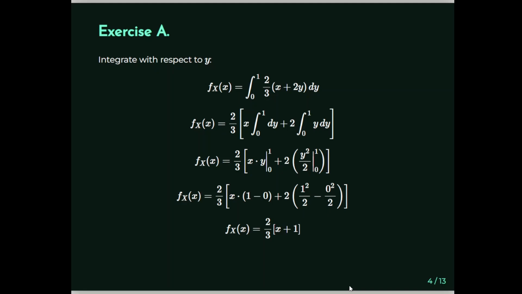So that works out to be 1 over 2 times 2, which is 1. So tidying it all up, our marginal probability density function for x is 2/3 times (x plus 1). Really this is a straightforward integration and you should be able to cope with that.